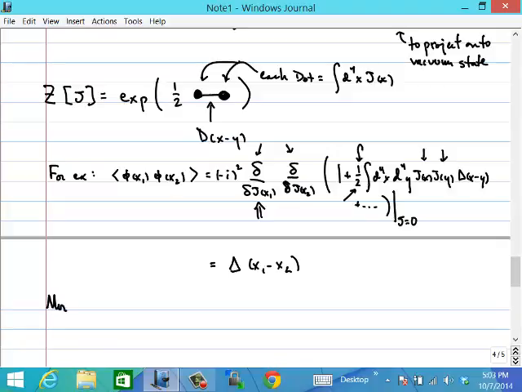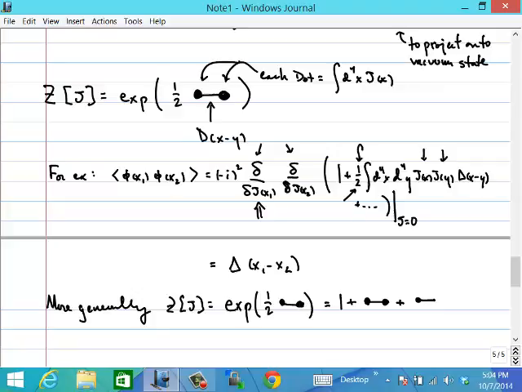So more generally, Z of J being e to the 1/2 times this propagator allows us to expand this to get all of the various different possibilities that appear in Wick's theorem. So for example, you get 1 plus the two-point function, and then the terms that are quartic.